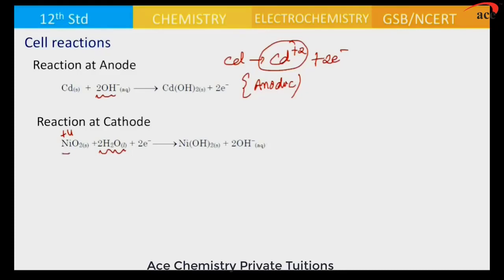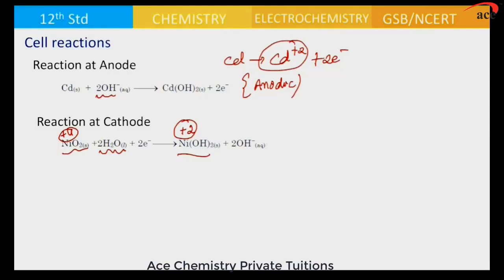We know it's a metal oxide, and we have studied that a metal oxide when it reacts with water gives hydroxide. So we get this. Can you tell me the charge of nickel here? It's +2. Meaning from +4 it has become +2. So the charge got reduced and liberation of OH minus happens.